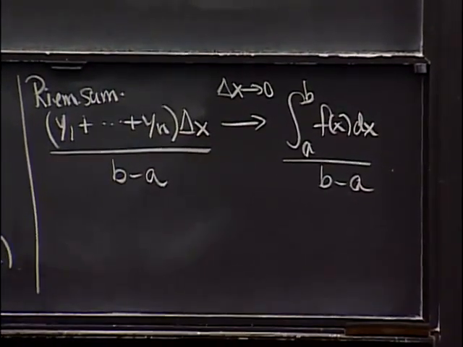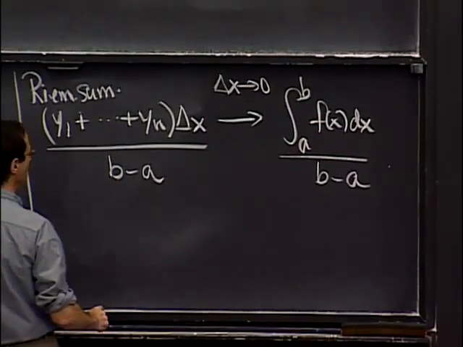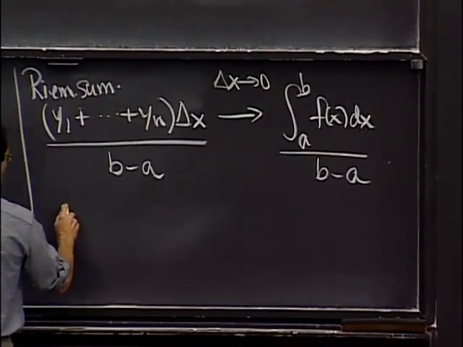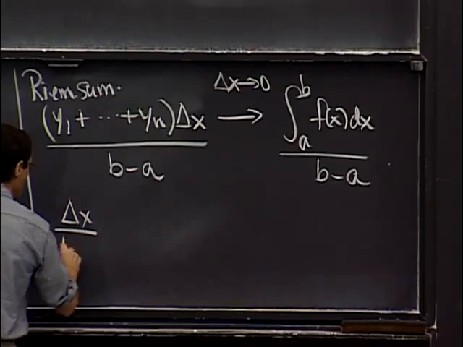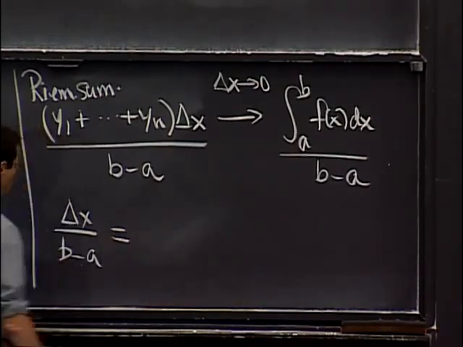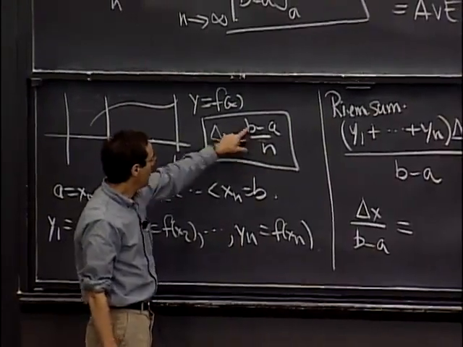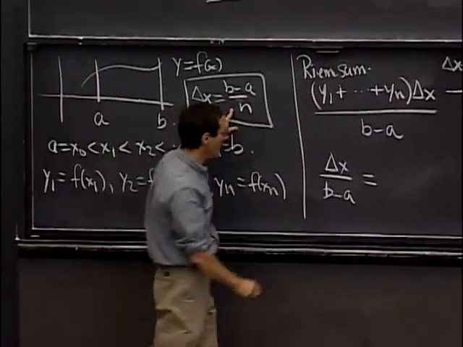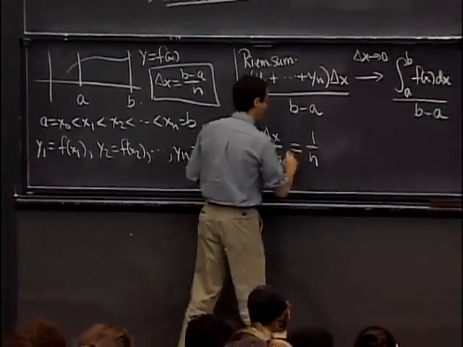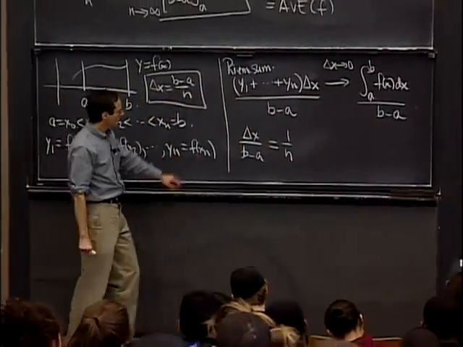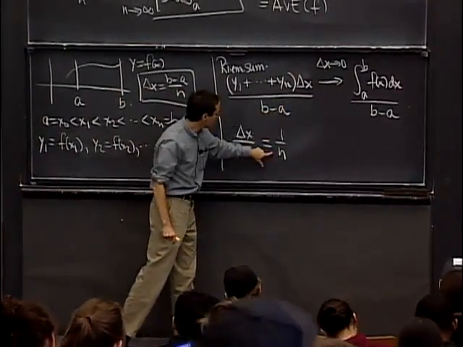And then just check what this thing actually is. Delta x divided by b minus a, what is that factor? Well, if we look over here to what delta x is, if you divide by b minus a, it's 1 over n. So the factor delta x divided by b minus a is 1 over n.